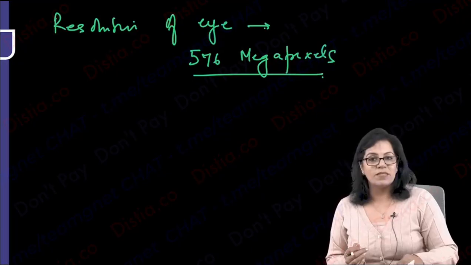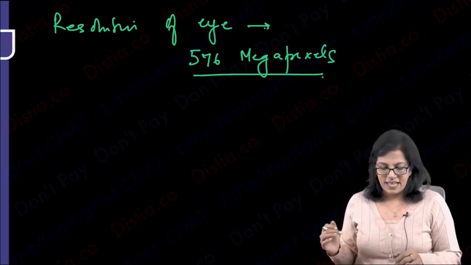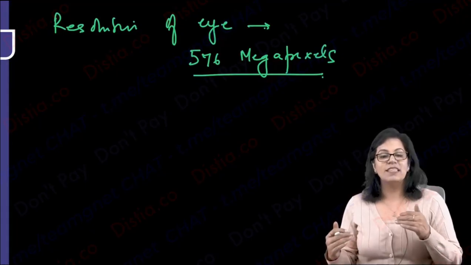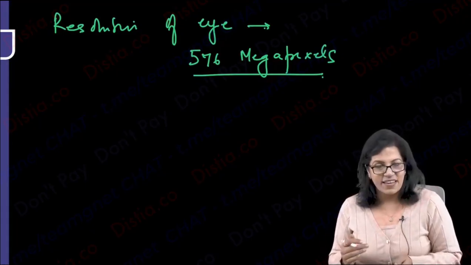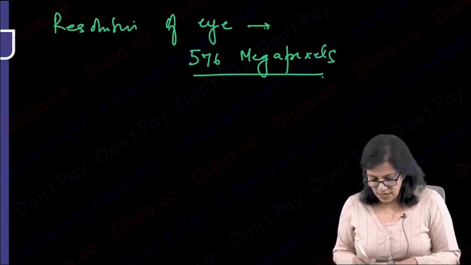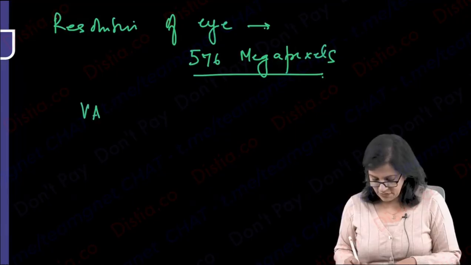Next we talk about how you are going to see this form sense of visual acuity. We have already learned a few things here. So now let us learn the visual acuity assessment.